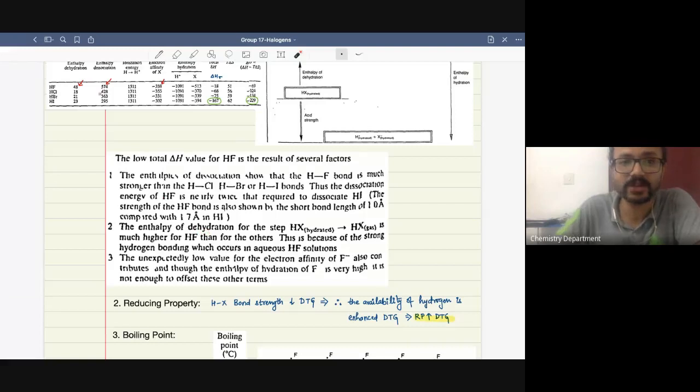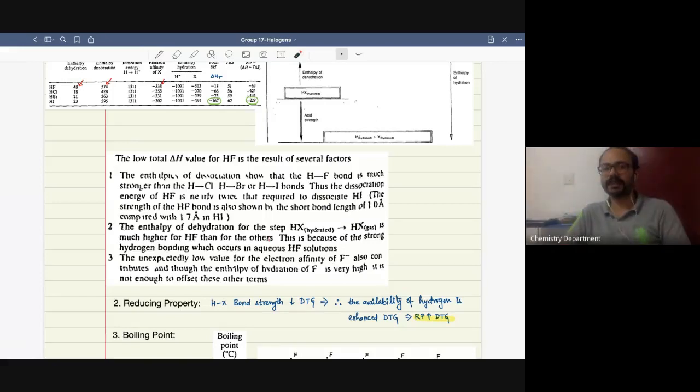Enthalpy of dehydration is also very high for HF, and we can easily understand this because you already know that fluorine, being an electronegative atom, shows hydrogen bonding. When you dissolve it in water, it will form hydrogen bonds with the water molecules, and that's why it is very difficult to release HF from the aqueous state to the gaseous state.